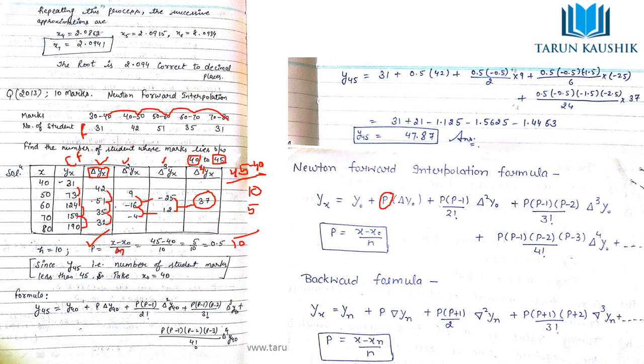Since I am calculating y of 45, we have to calculate the number of students who have got marks less than 45 but greater than 40. I have taken this 45. But where is that 40? The 40 is here. X naught I have taken 40. So the formula is y40. First you take just y40.